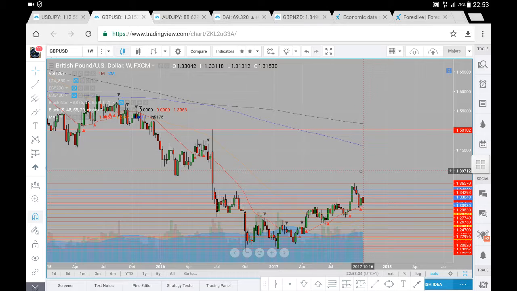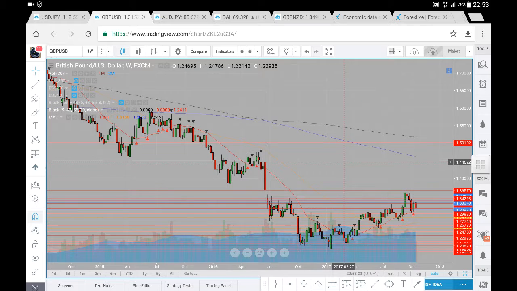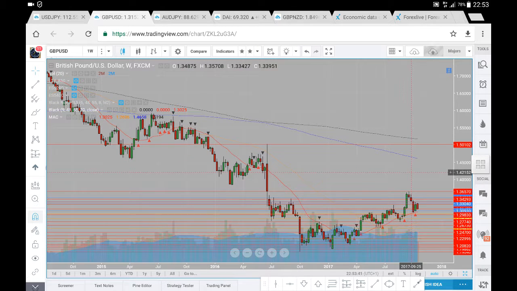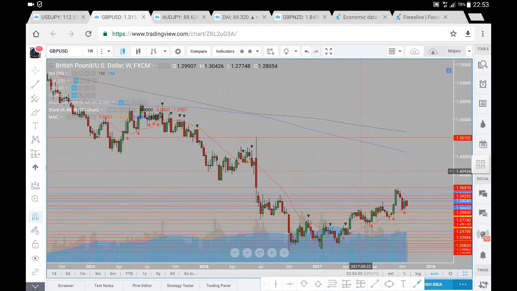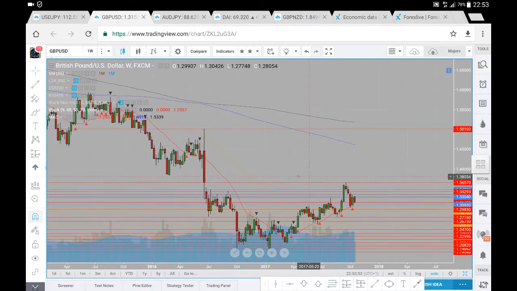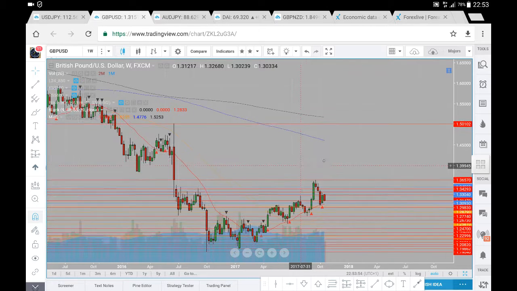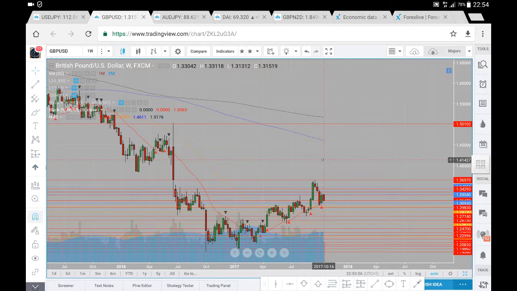Let's just get the scaling on the chart correct. Our 20-period moving average is currently sitting at 130.63. So we might see a reaction at 130.63 before going on to 130.27, which was a low of this week.